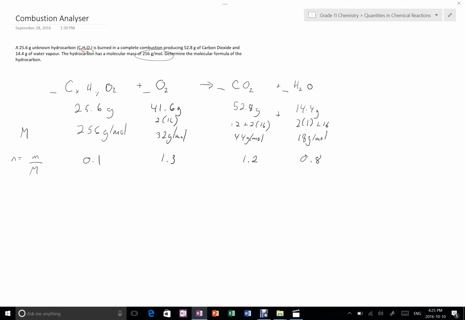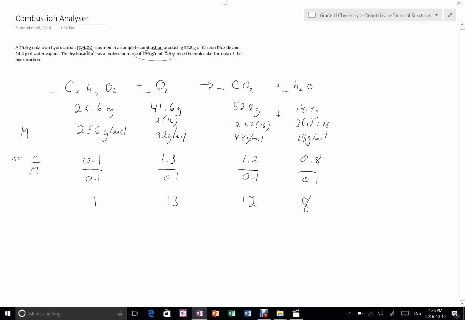So what I'm going to do is divide them all by the smallest number to get it into a whole number ratio. Obviously 0.1 divided by 0.1 is 1. 1.3 divided by 0.1 is 13. 1.2 divided by 0.1 is 12, and here we have 8.